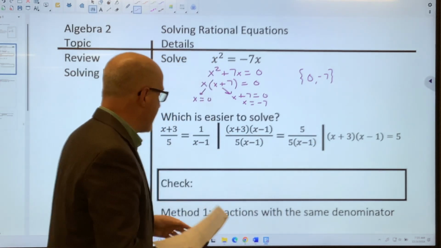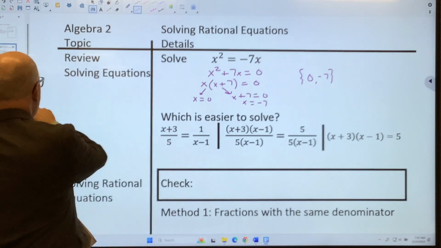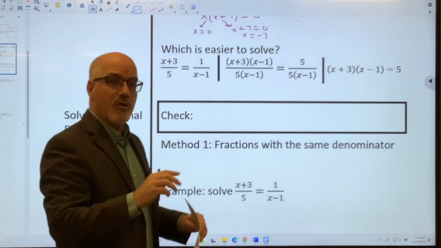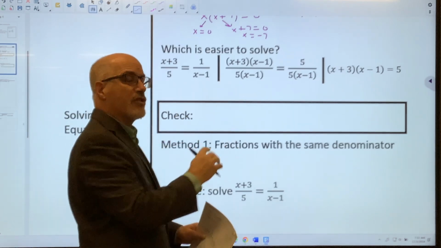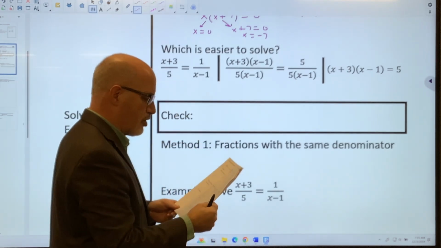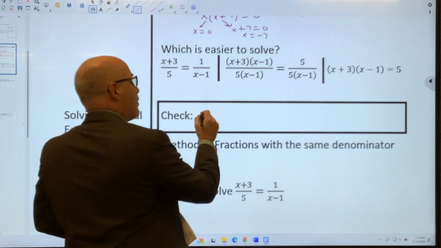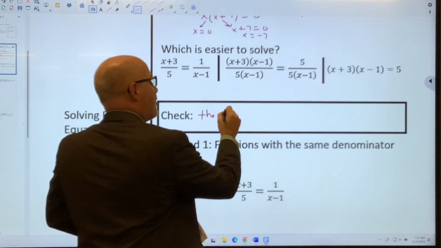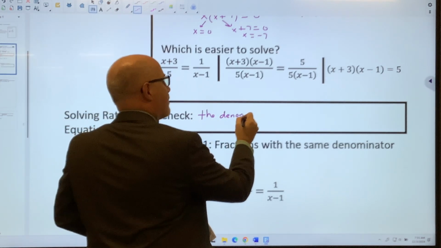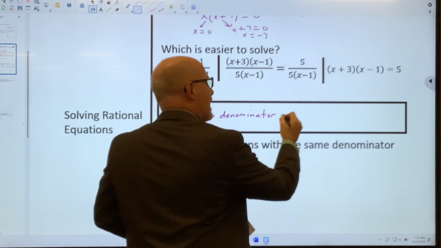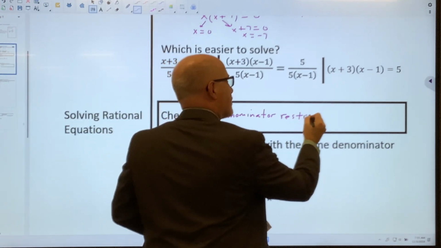I want to give you some background. When you want to solve a rational equation, because we have denominators, you have to make sure that you check the denominator restrictions, because the denominator restrictions may eliminate answers.